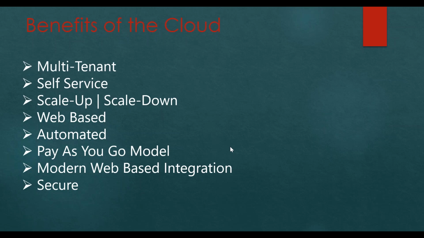OIC is a PaaS, so you cannot deploy it anywhere else. But if you have an Oracle database, you will take it from Oracle, but you can deploy it anywhere, whether it's AWS or Google. You just need an IaaS service from the other vendor, and you can deploy your database there.